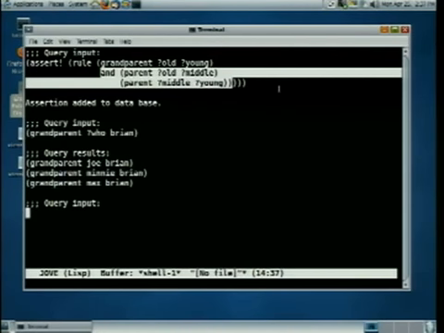So when we matched my query, grandparent question mark who Brian, against the conclusion of the rule, we came up with some constraints on these variables. So question mark who has to be the same as question mark old. We don't know who it is yet, but whoever it is, they both have to be the same. And question mark young has to be Brian.